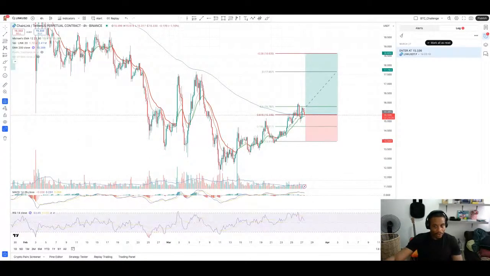The best way to define structure is when you have higher highs and higher lows, right? That's an uptrend. So you can see here what we have.